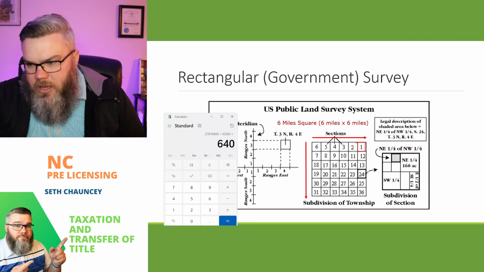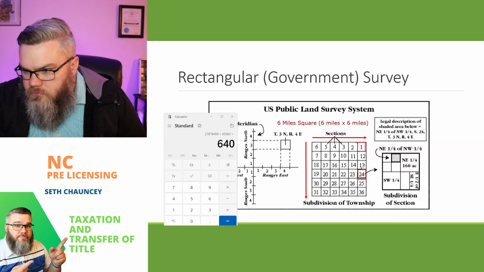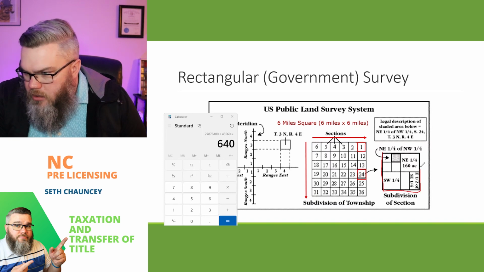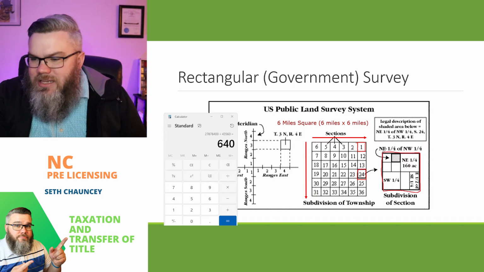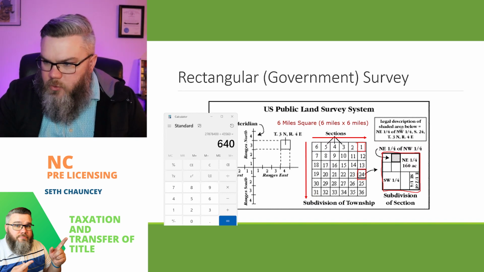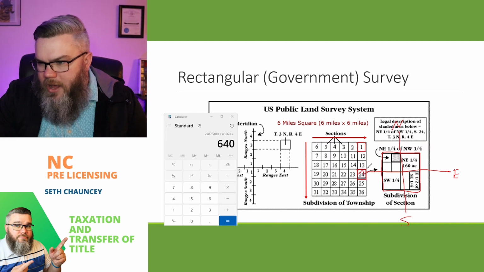If you look at this section right here that it's showing you, section 24, what they did is they blew that 1 mile by 1 mile section up. Within this section, the same kind of thing happens. You have to think of it as a grid, just like before. You've got north, south, east, and west.